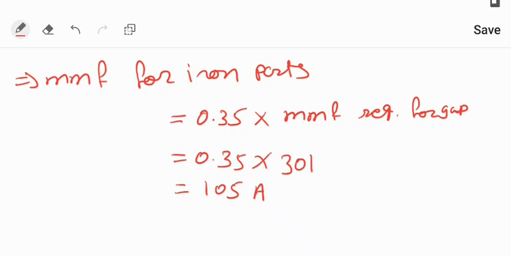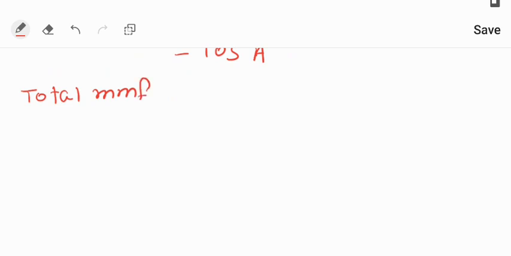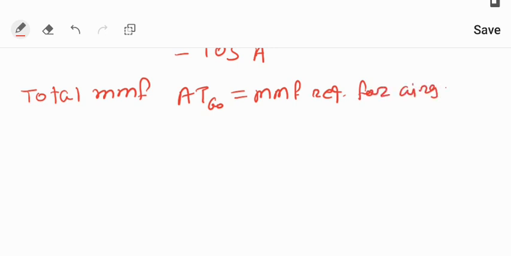So the total MMF, that is ampere turn at 60-degree angle, is equal to MMF required for air gap plus MMF for iron parts.